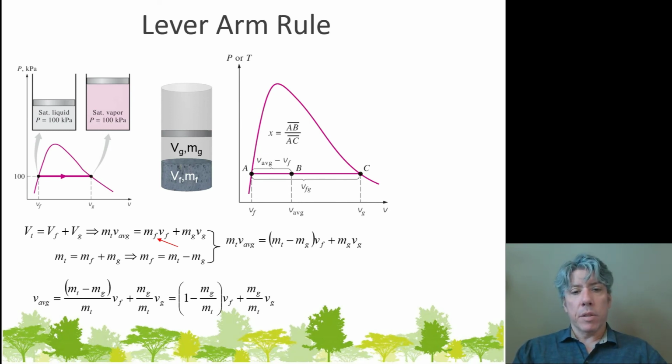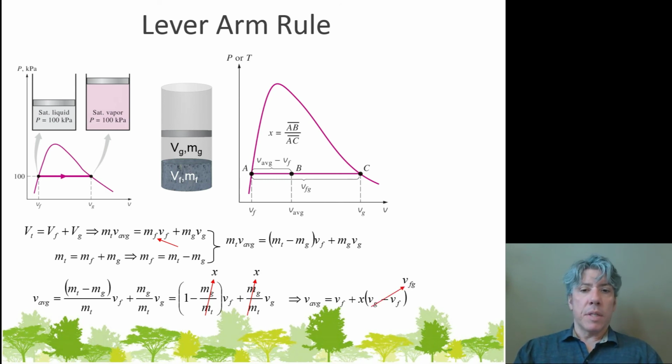Now you might notice that mg over mt, the mass of the gas over the total mass, has already been given another name, x, quality, right? So we can rearrange this, putting the quality together, and here's our equation that relates the average specific volume to the specific volume of the vapor and the specific volume of the liquid, as well as the quality, in other words the percentage that's in the gas phase by mass.